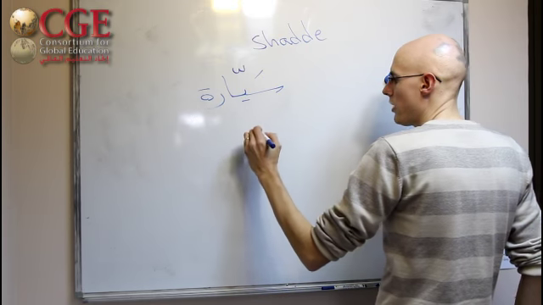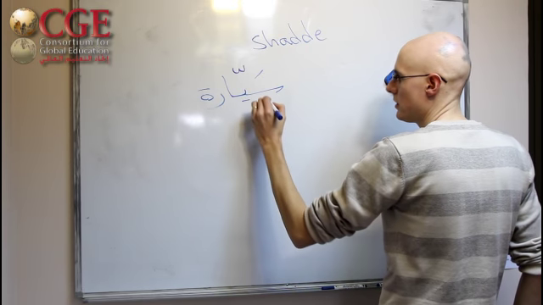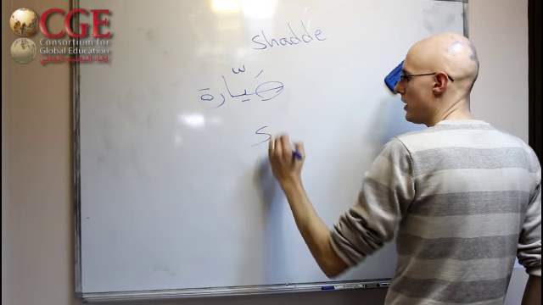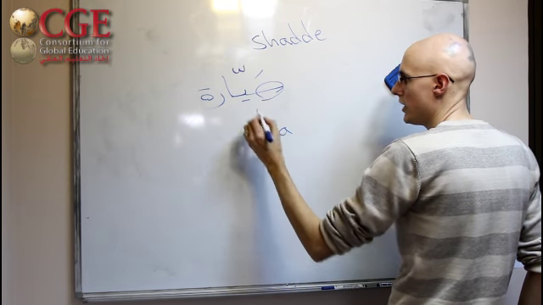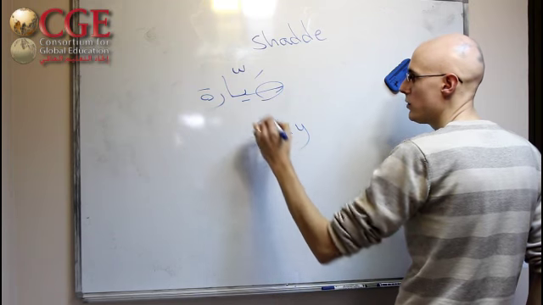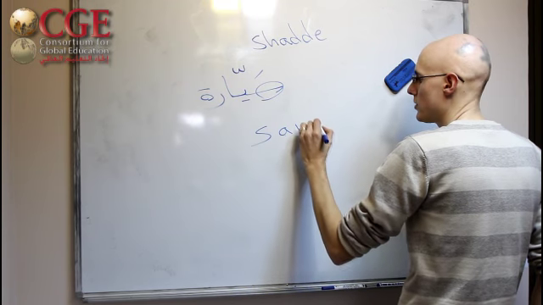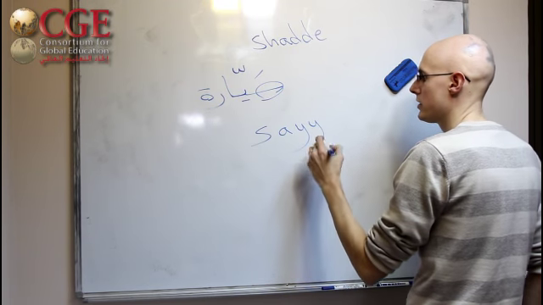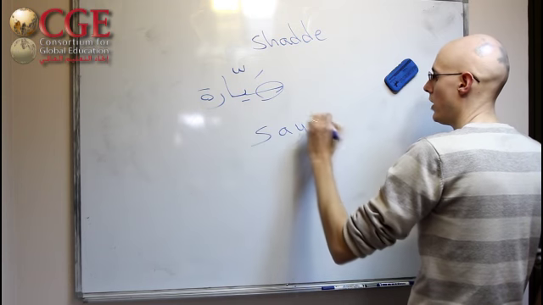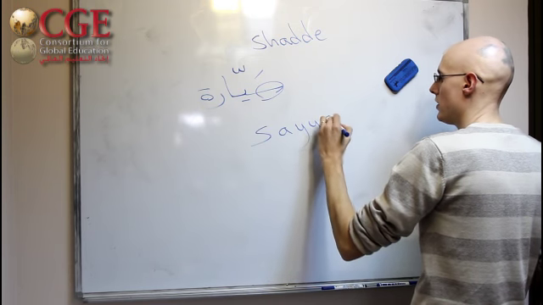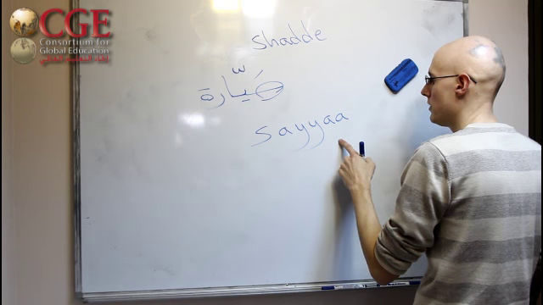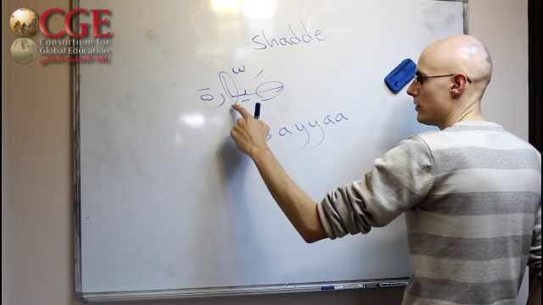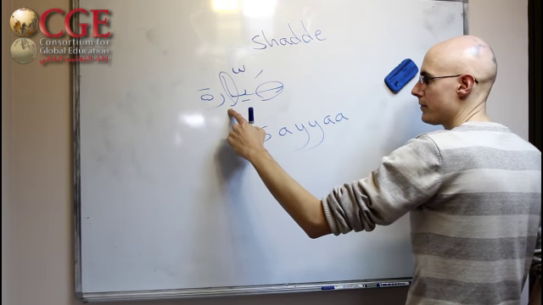All right, what you have here is an S with an A-class vowel, followed by a Y with a shadde, which we'll write with two Y's. Then after the Y, you have a long A, marked by the aleph.